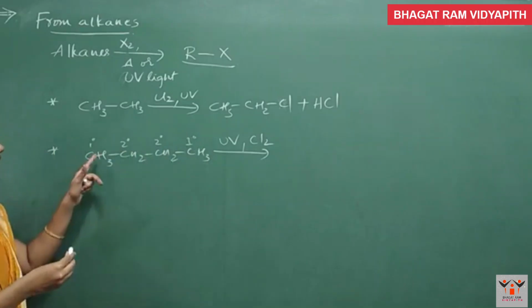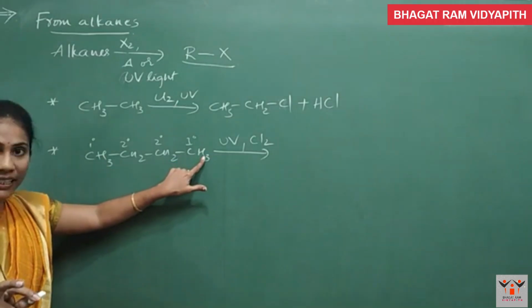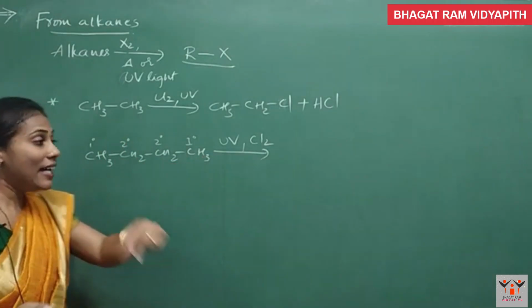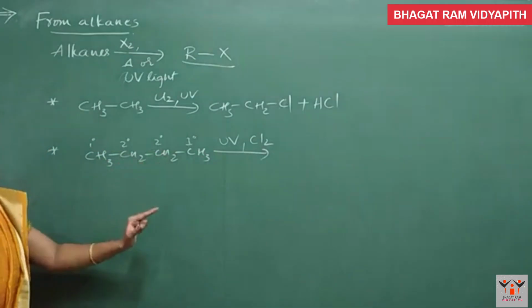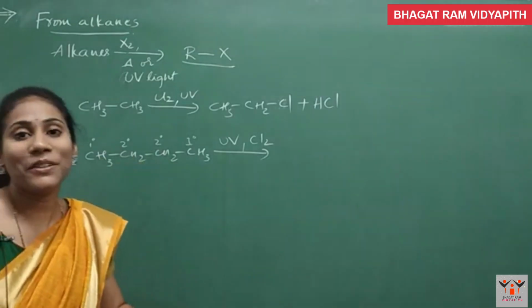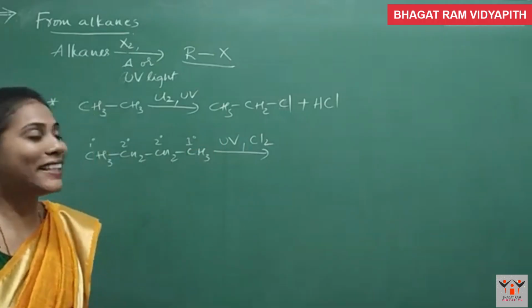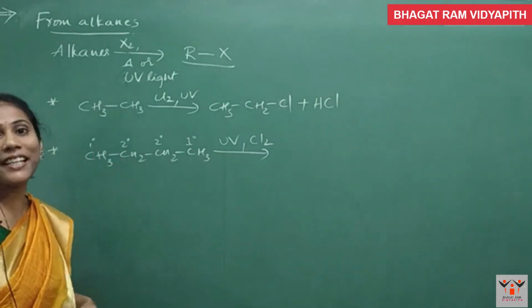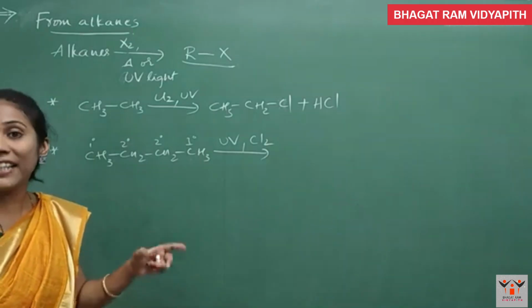So I can either replace primary hydrogen with chlorine, that is one product, and I will also replace any secondary hydrogen with chlorine, that is the second product. So this way two products, that is two isomers, you are going to get. So this is where you have to be careful, guys. Sometimes you have chances of getting isomers.